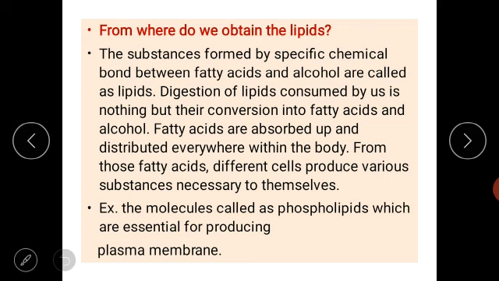Fatty acids are absorbed and distributed in the body by the circulation. From those fatty acids, different cells produce various substances necessary to themselves. So these fatty acids are used by various cells for different purposes, for example, molecules called phospholipids, which are essential for producing the plasma membrane, the covering of the cell, which is also called the cell membrane.